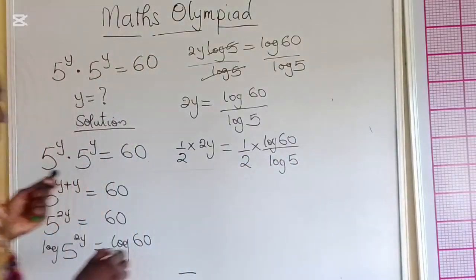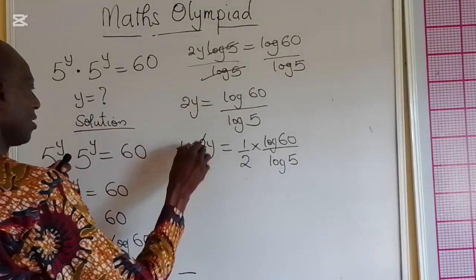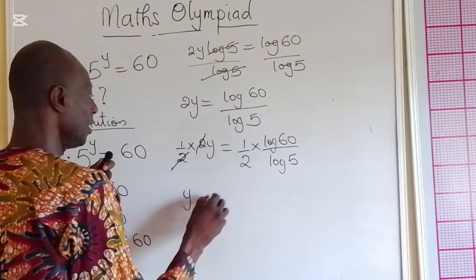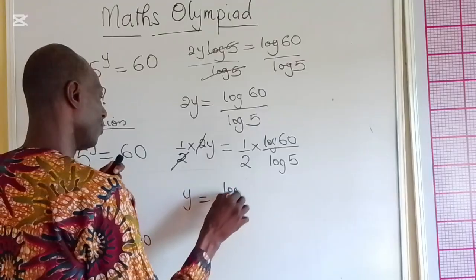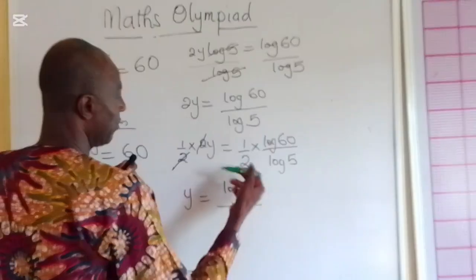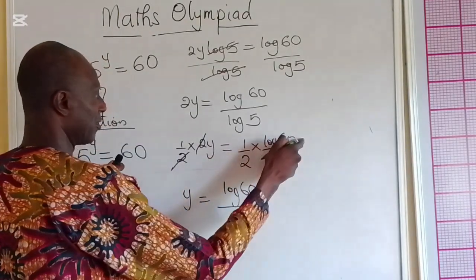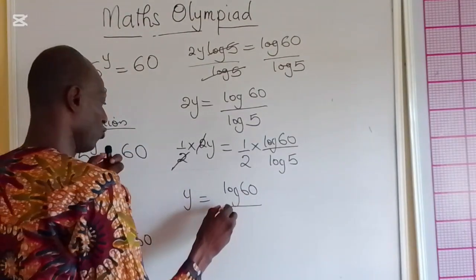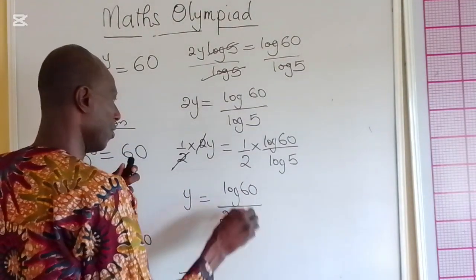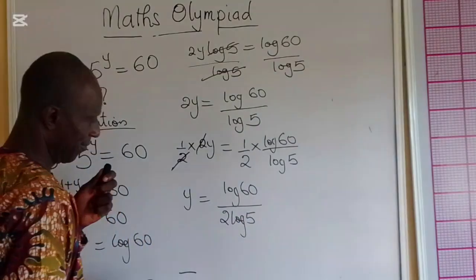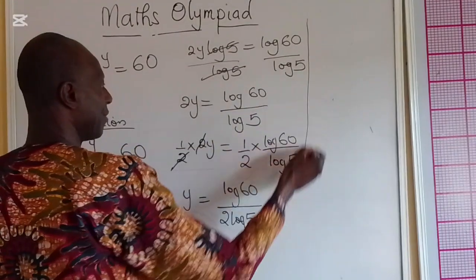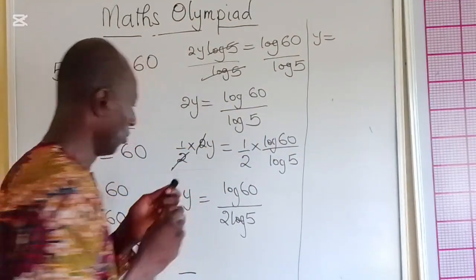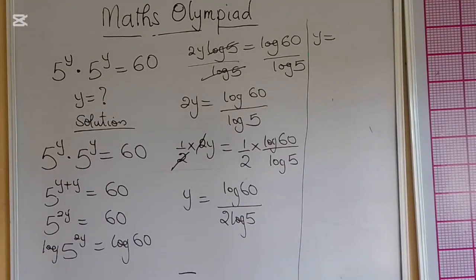Okay, this will cancel this, you are left with y is equal to log 60, because log 60 times 1 is log 60. Now here will be 2 log 5.